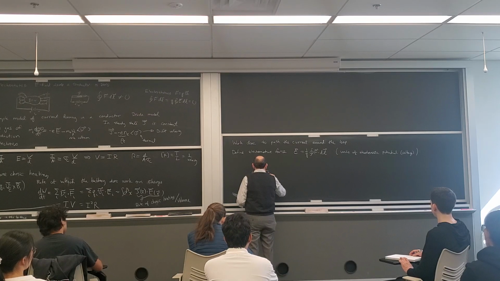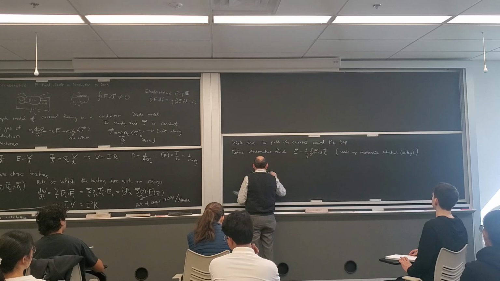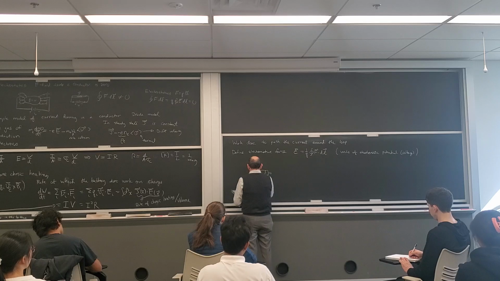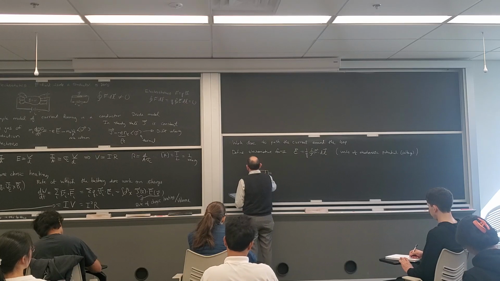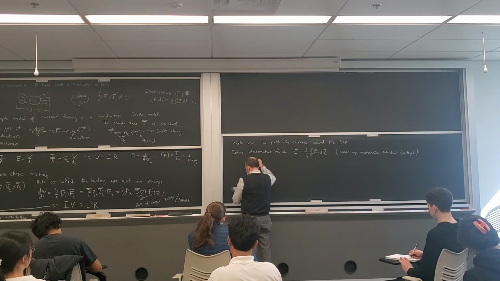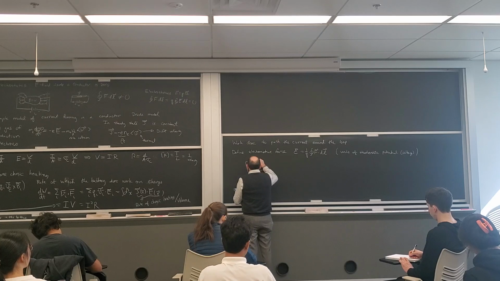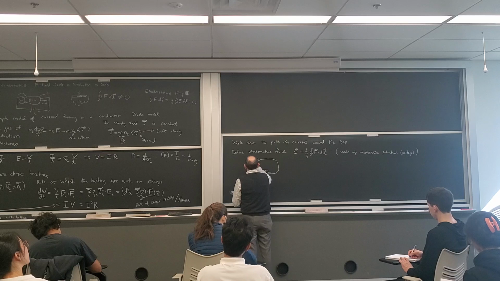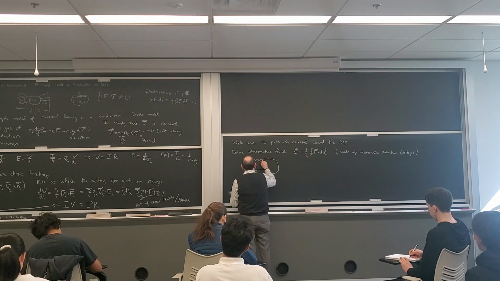I have an anode and a cathode here. Let's call this the anode and this the cathode. And then I have a resistor, and there's current flowing around here, okay?